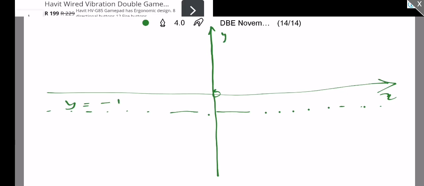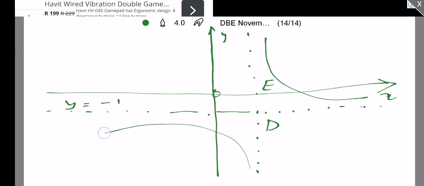What we were not given is the vertical asymptote, but what we know is that it crosses the x-axis at point E, and it also crosses the horizontal asymptote at point D. So let's now draw in our graphs. That is the first arm and the second arm.